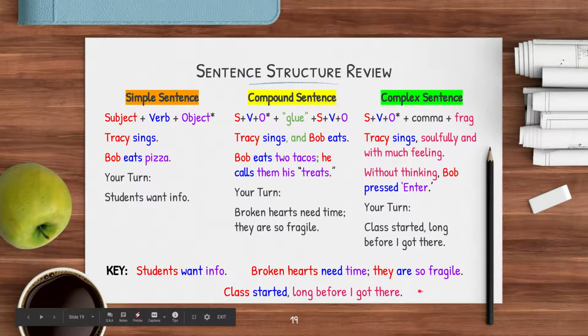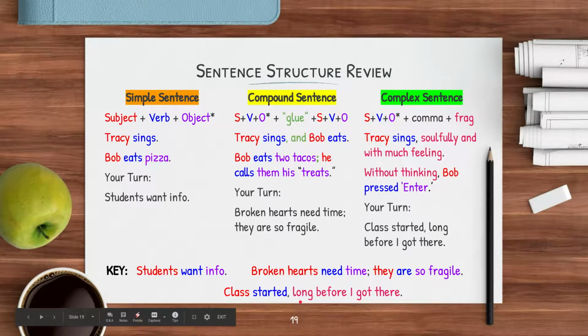A general tip that can help you figure out whether you have written a fragment, or what part of a sentence is a fragment: if you walked up to a person and said, class started, that would express a full idea, right? They would probably be like, okay, I'll go to class.